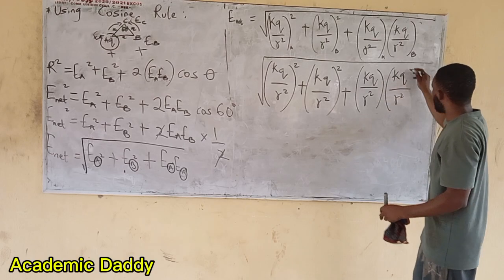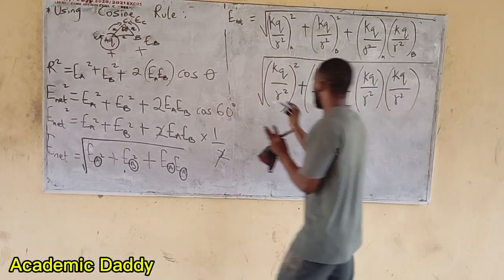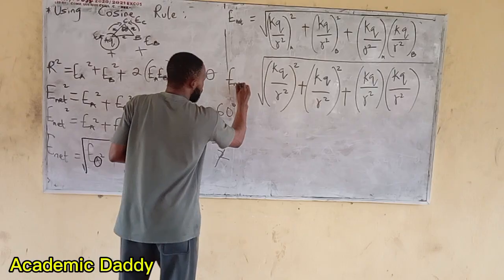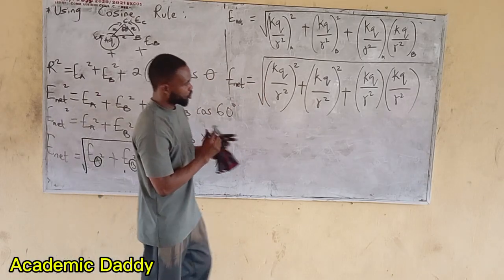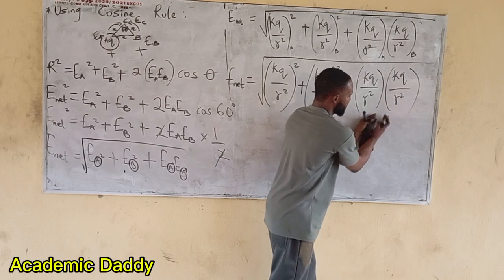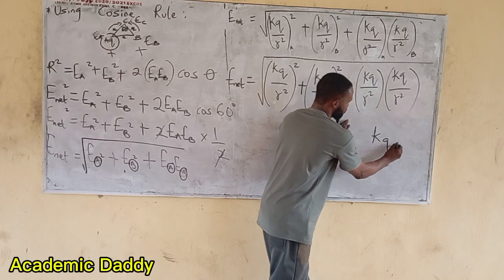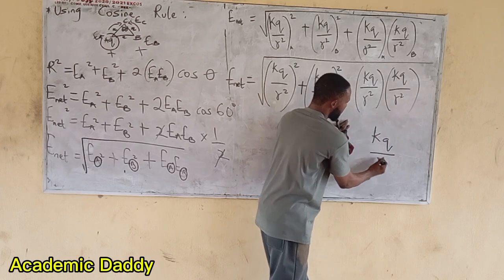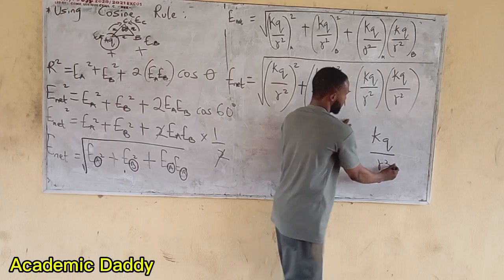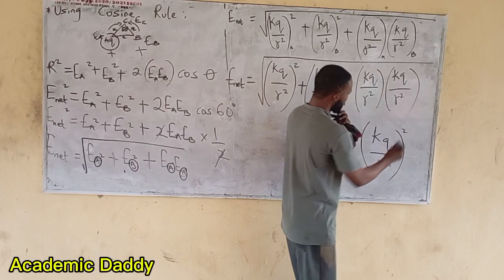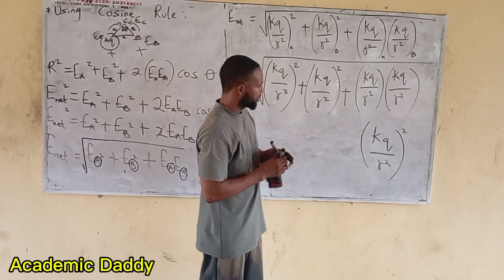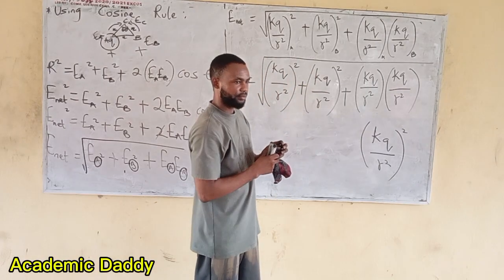If you remember why we started, why we did this thing like this, that is for you to know how we moved, the reason why we moved. So you can now see that everything here is the same thing as saying KQ over R squared, all squared. Do you agree? Yes. But this is distance.